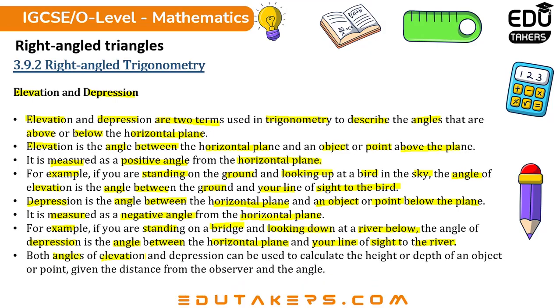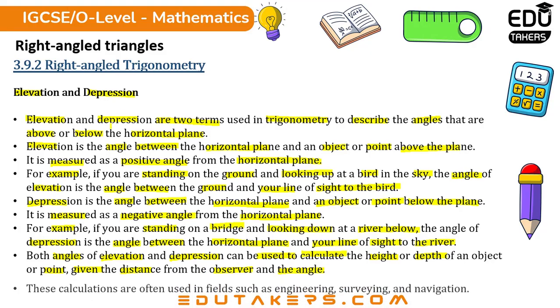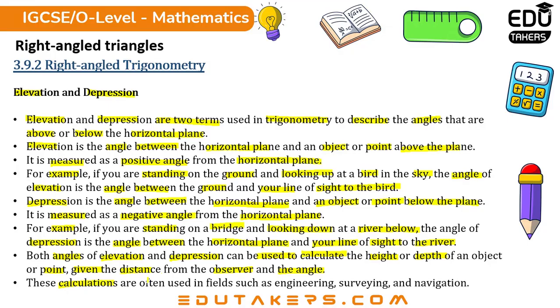Both angles of elevation and depression can be used to calculate the height or depth of an object or point given the distance from the observer and the angle. These calculations are often used in fields such as engineering, surveying, and navigation.